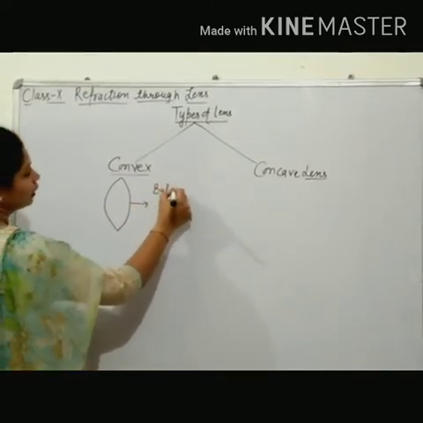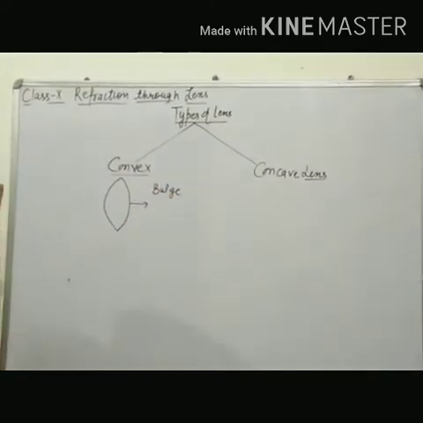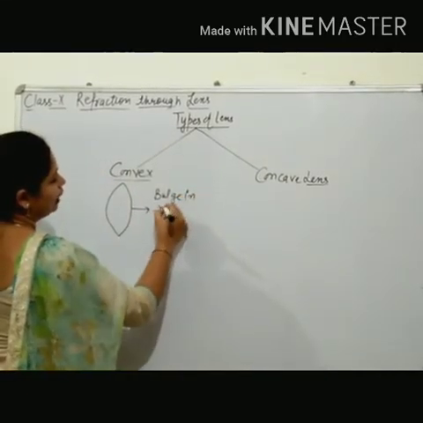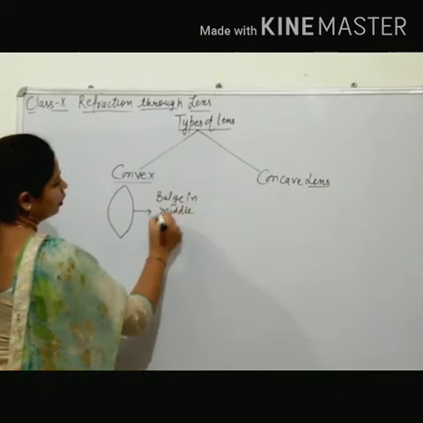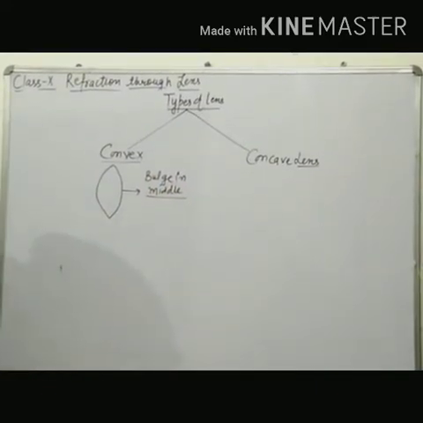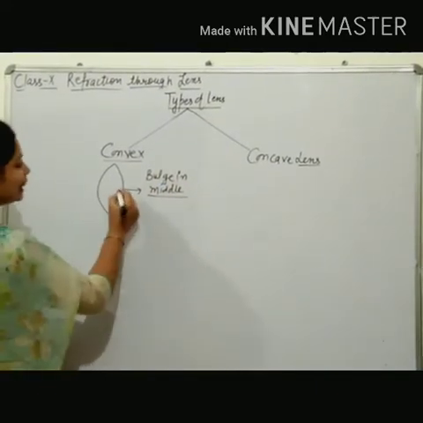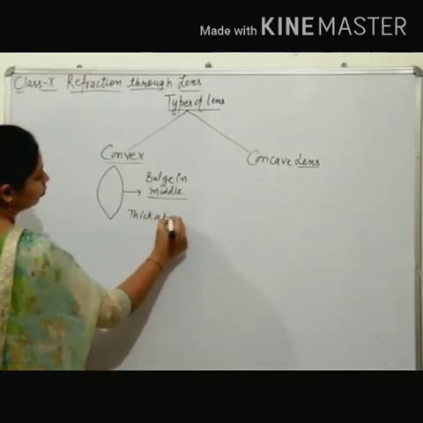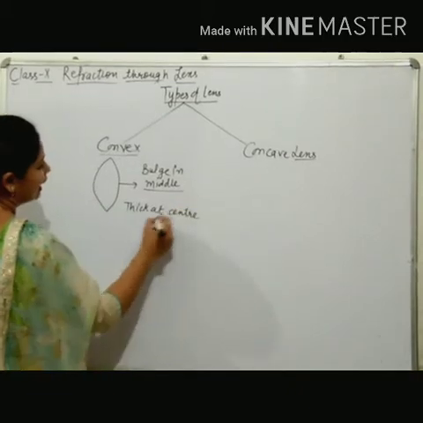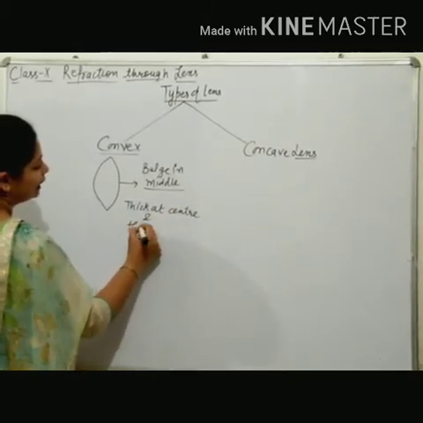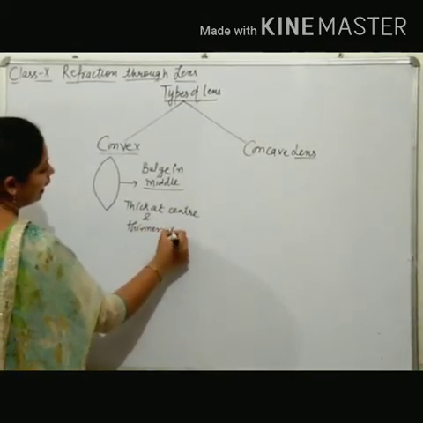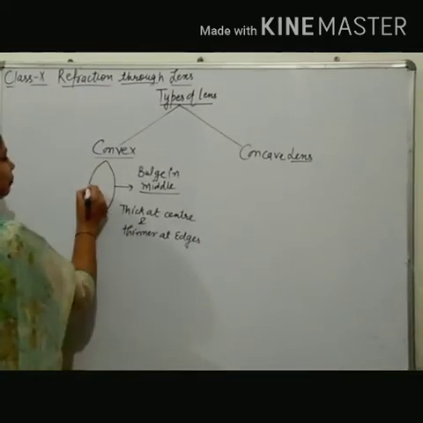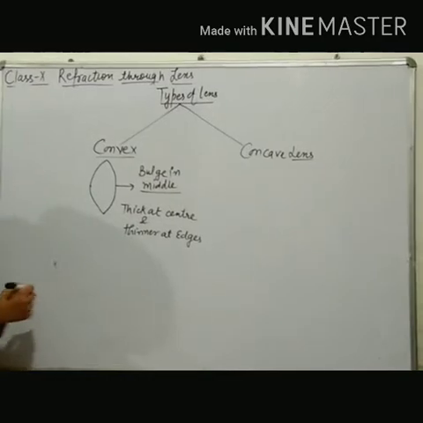Bulge means moving out, extending in outward direction. It is known as convex lens, which is thicker at the center and comparatively thinner at the edges.